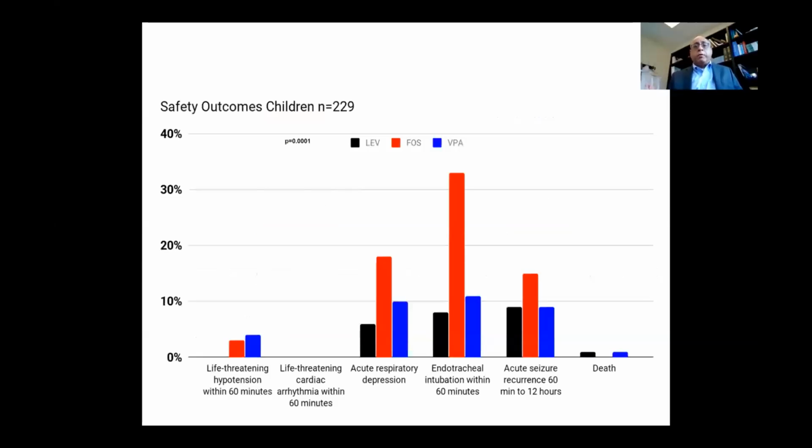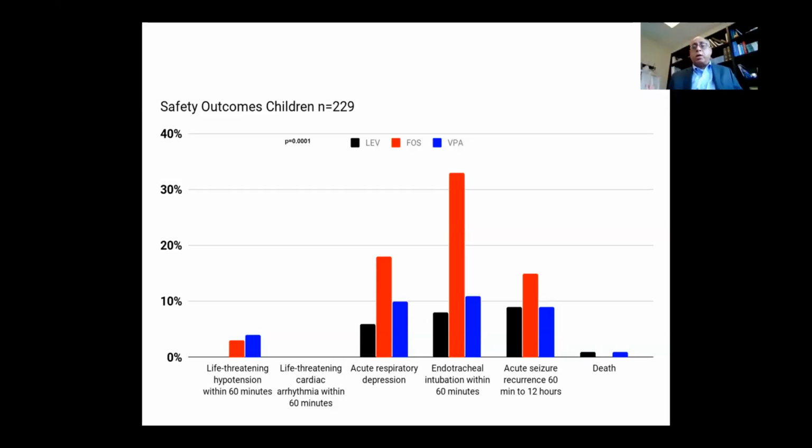We also evaluated safety outcomes, and very surprisingly, we did not find increased incidence of life-threatening hypotension or cardiac arrhythmias associated with fosphenytoin. They were equally distributed among the three drugs.